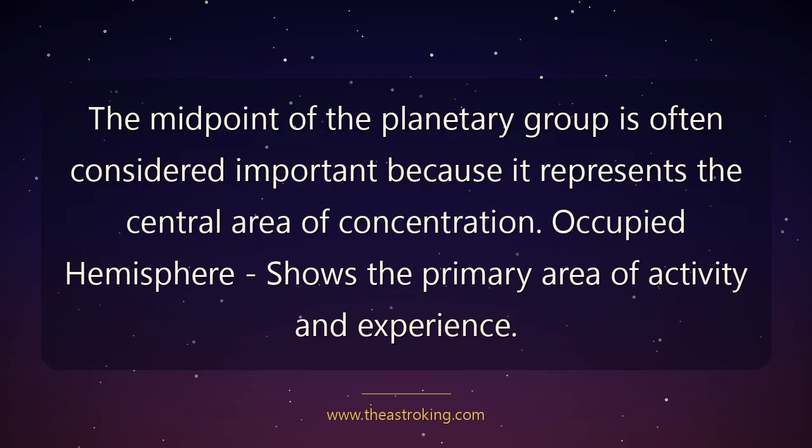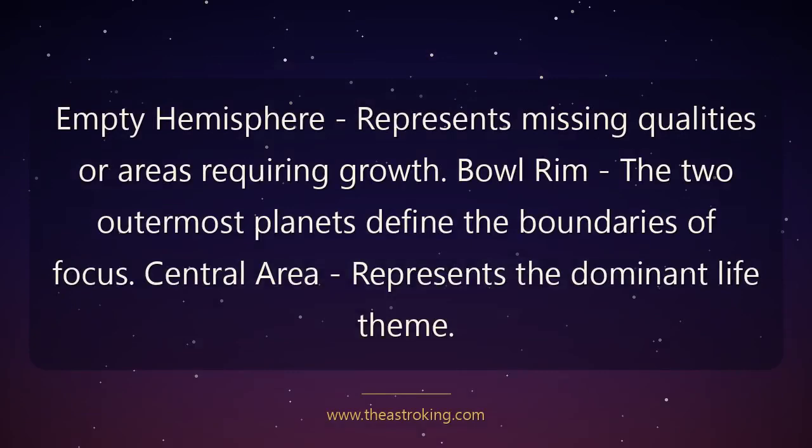Occupied hemisphere shows the primary area of activity and experience. Empty hemisphere represents missing qualities or areas requiring growth. Bowl rim. The two outermost planets define the boundaries of focus. Central area represents the dominant life theme.